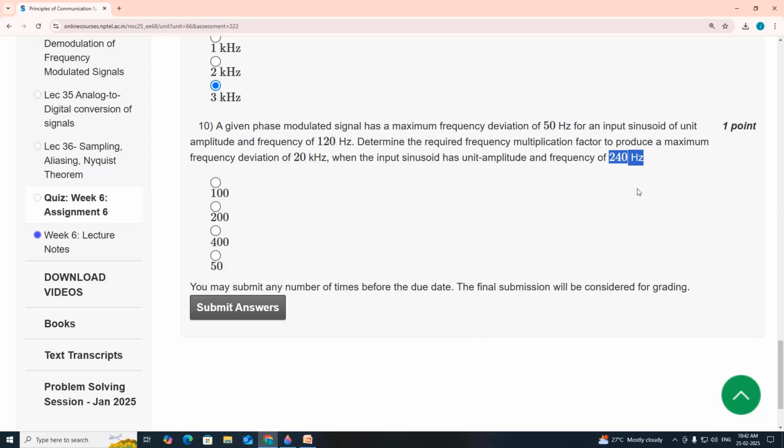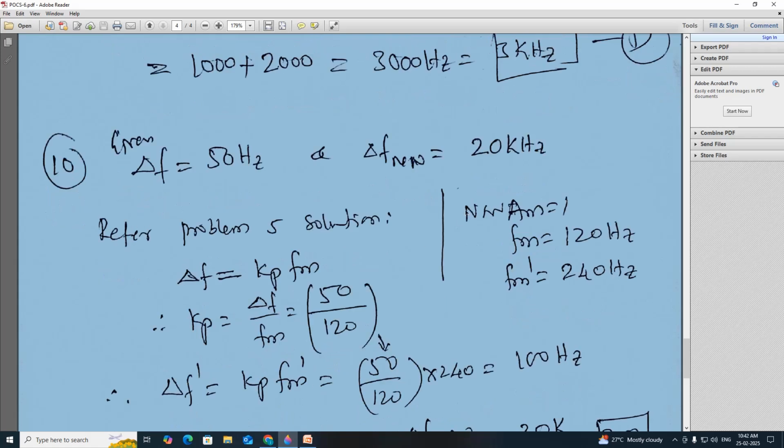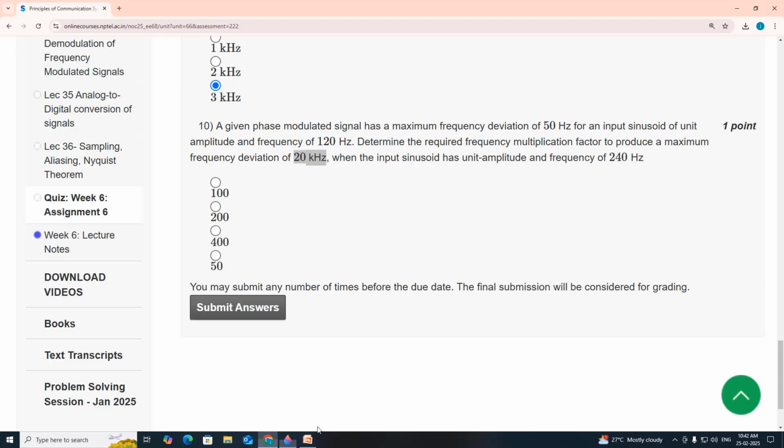Refer to problem 5 solution: delta f equal to Kp fm. Here Am is equal to 1, fm equal to 120 hertz, fm dash equal to 240 hertz, and unit amplitude.